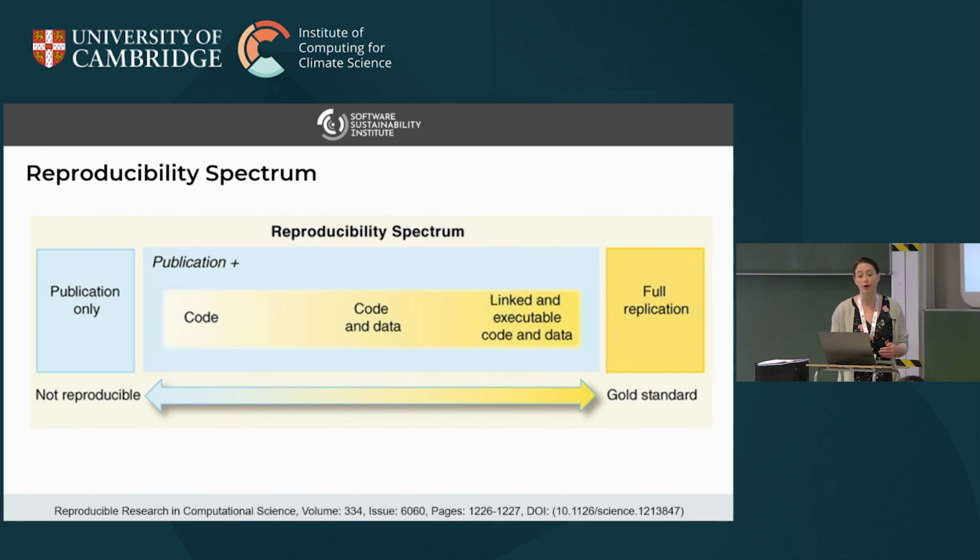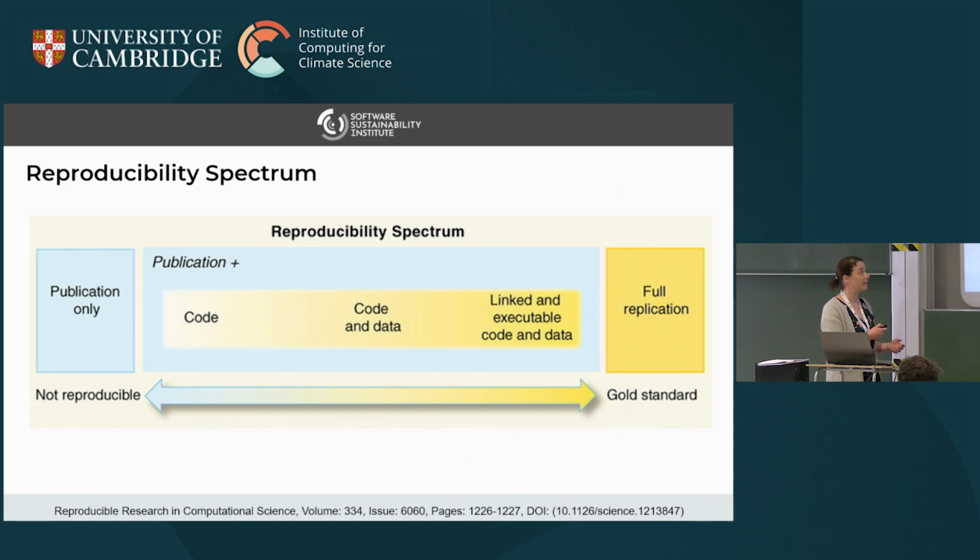Moving back to software, there are different ways we can think of reproducibility, and like many things, you can think of it as a spectrum. With my global paper, what I did is I just published the results, so it was not reproducible at all. What I could have done is also publish the analysis code or the model code, not in a format that someone else could run, but at least they could have looked at it and seen what we'd done.